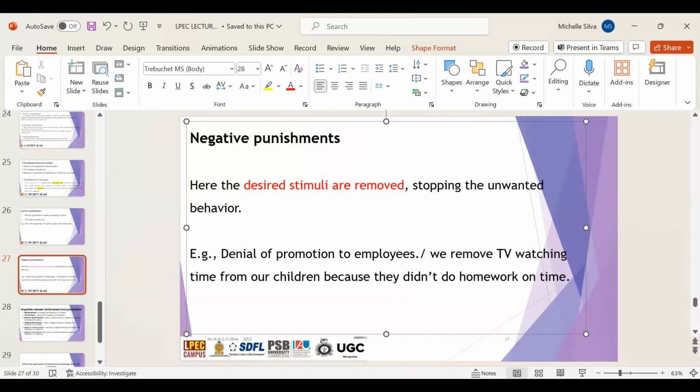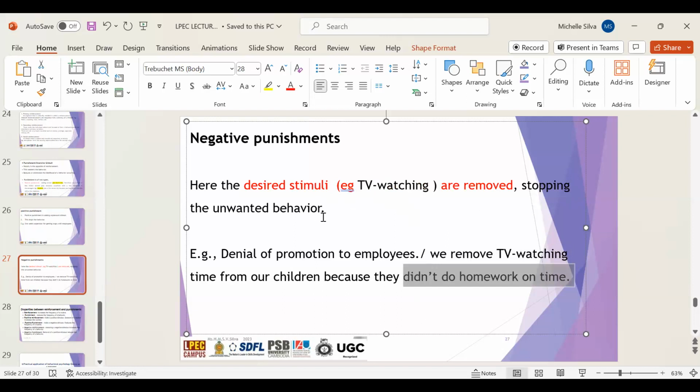So what is TV watching? TV watching is the desired stimulus, and it is removed to stop unwanted behavior. What is the unwanted behavior? Not doing homework on time. In order to stop this behavior, the TV watching time has been removed.